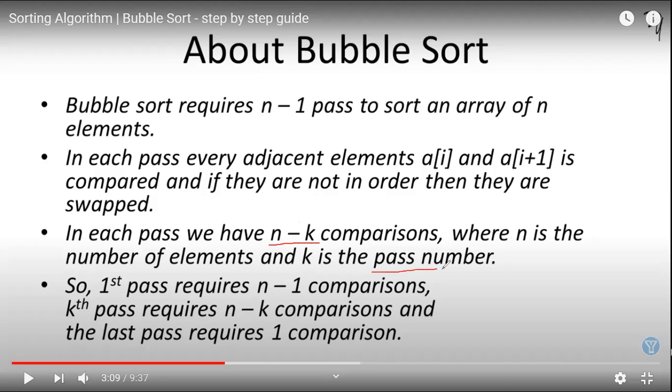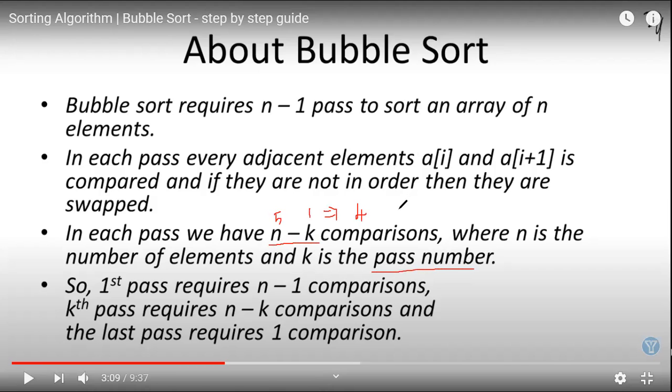Just now we have seen at the first pass how many comparisons we have done. Totally 5 elements are there, correct? So, for example, n is 5. First pass, so k is 1. So at the first pass, how many comparisons we have done? 4 comparisons we have done.